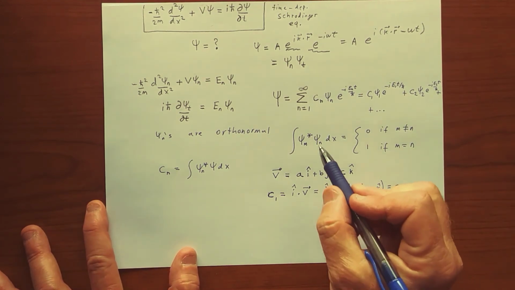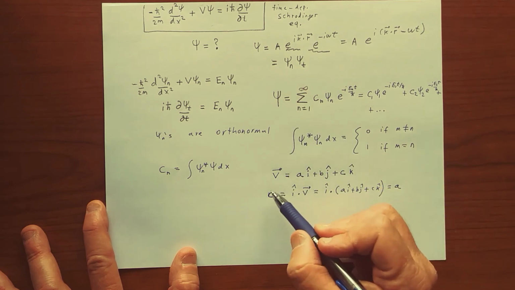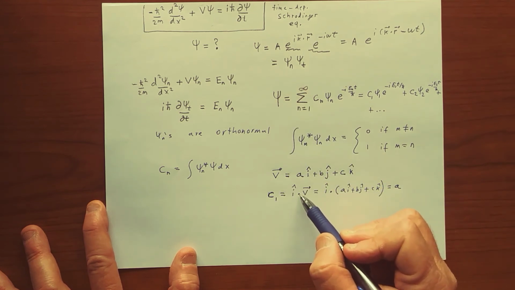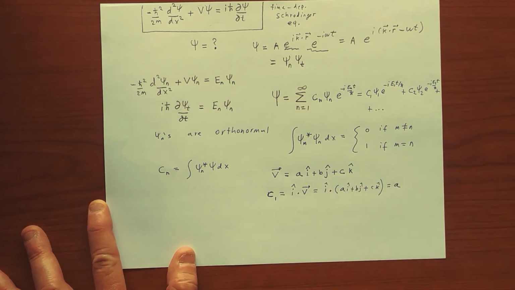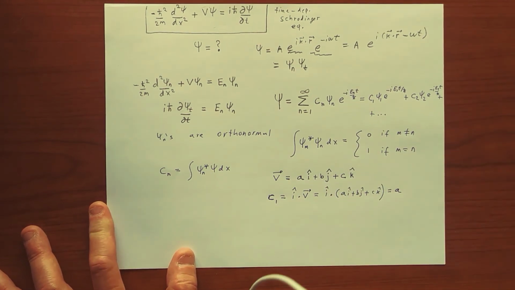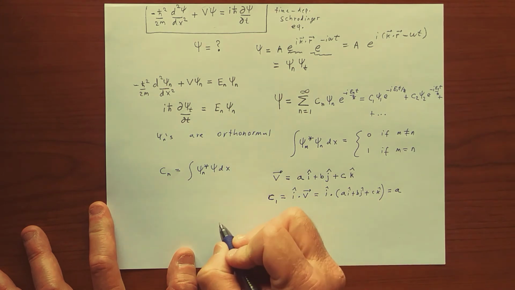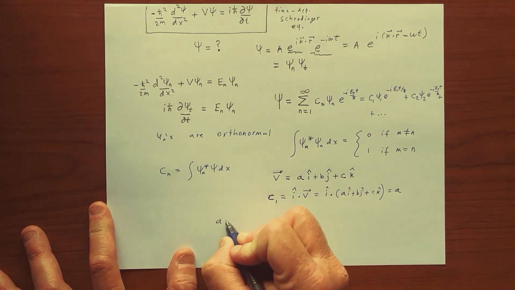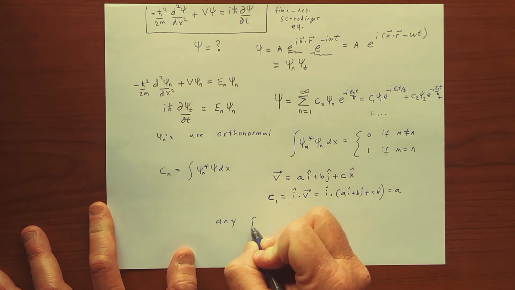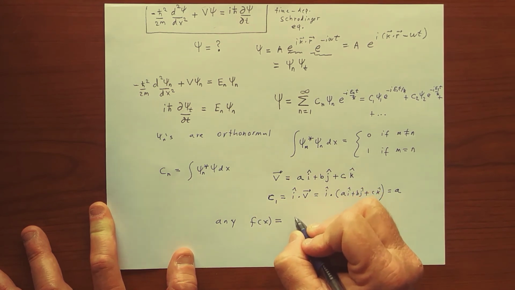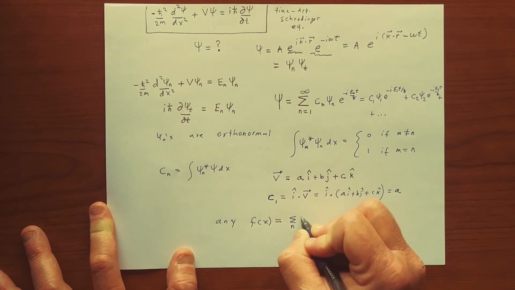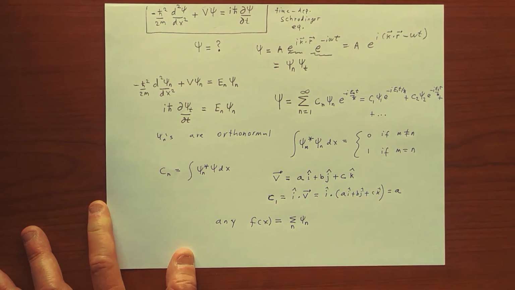It's very similar here, except that the operation isn't a dot product, it's integration, that we get the orthonormality condition. And so this is going to make it very straightforward, because we will be able to write any function in terms of these sort of basis functions, if you will, right?